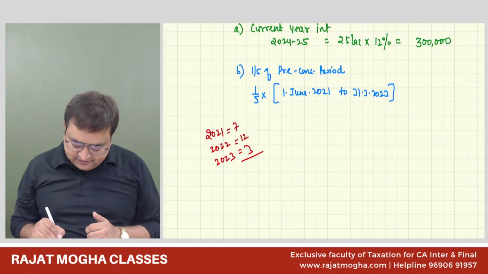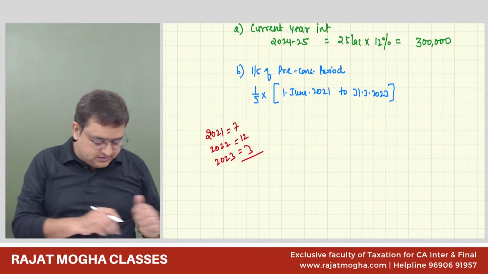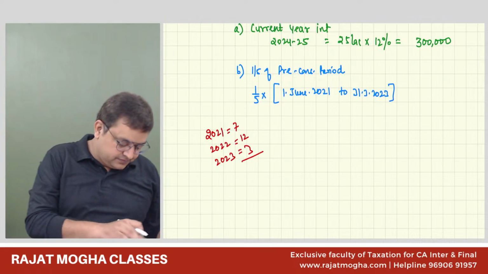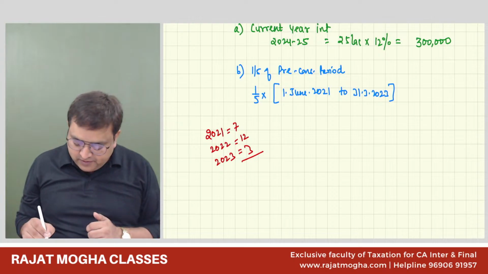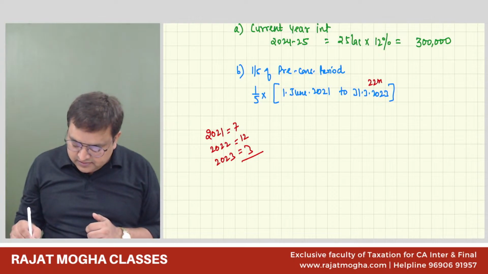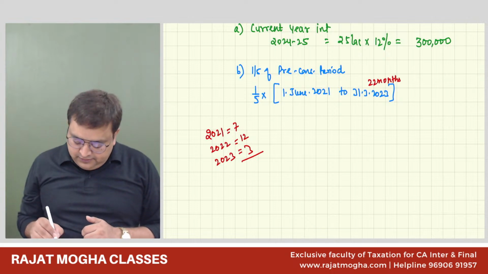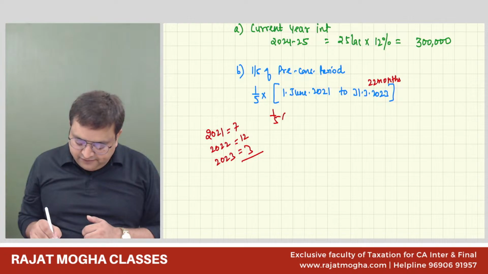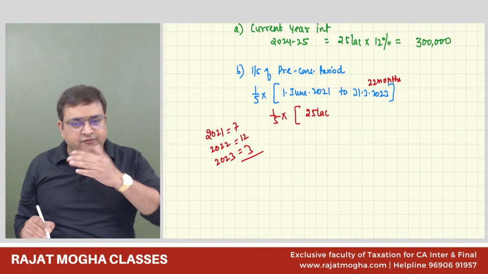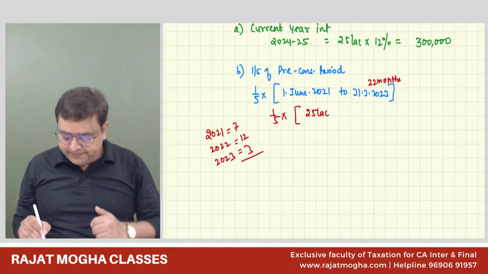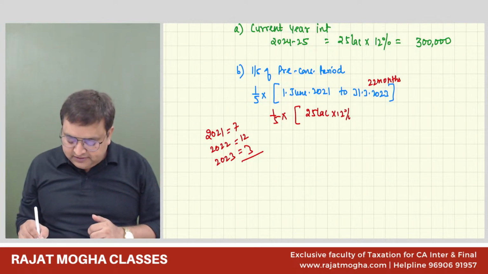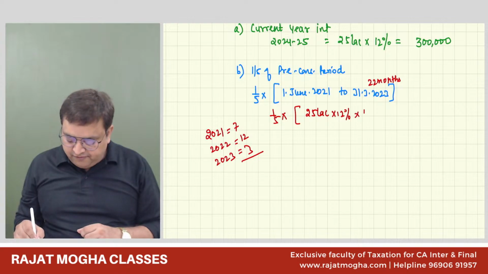Are you okay with this? 19? Yes, sir. It is 22 months actually. Guys, my calculation is correct or not? 22 months? Yes, sir. So you will do 1/5 into 25 lakh, which is the loan and is same during this period, into 12%. This is for 12 months. For 1 month it is 1/12 into 22.